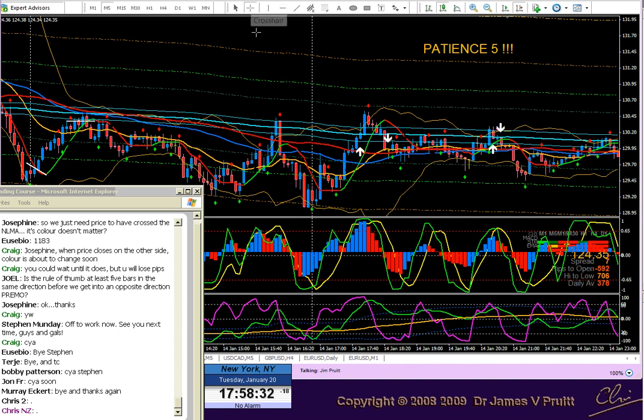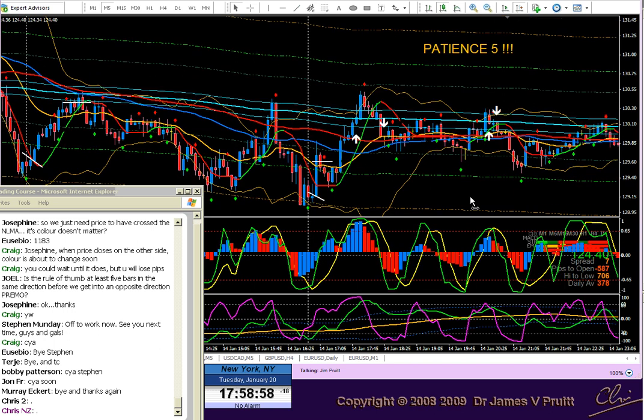You're not going to make anything out of it. Your entry would be right there at the low of that, right after that doji light bar. And your first sign of danger is right there when it turns against you. And you picked up maybe 20 pips, 40 pips, 40 pips twice. So see that you can trade this stuff.